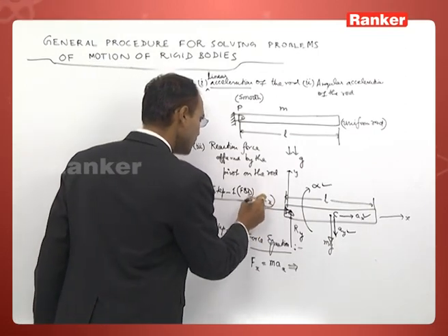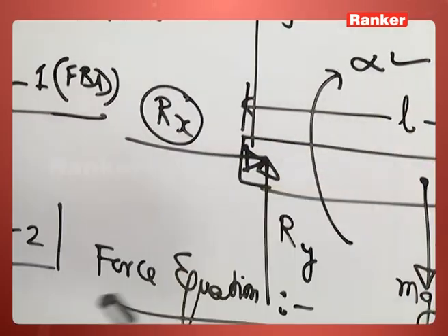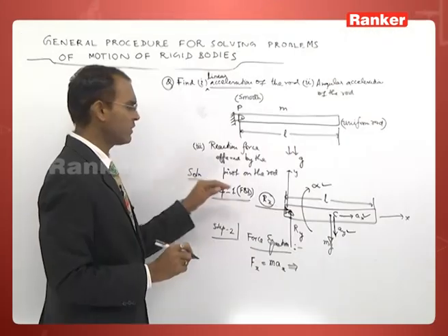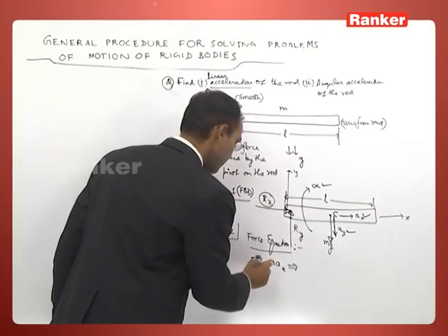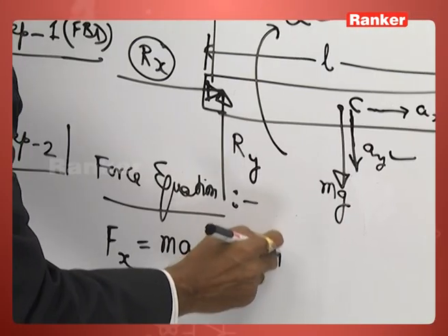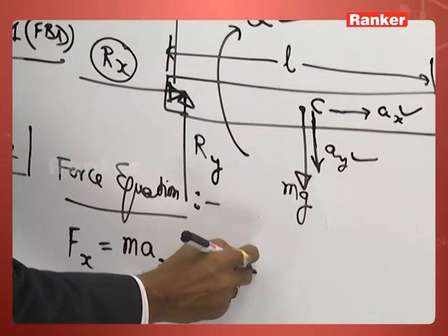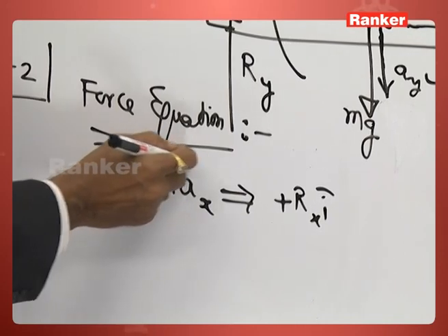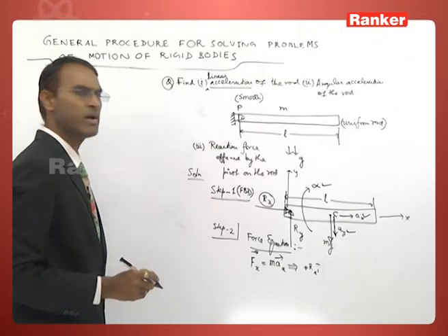Only one force is acting on the rod along x direction, that is Rx, and we have assumed the direction towards right. Therefore, Fx is equal to plus Rx i cap. Better to write all these equations as vector equations.